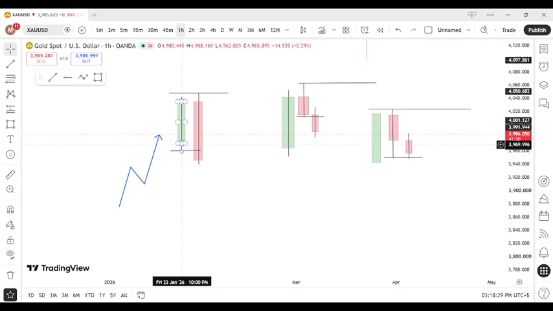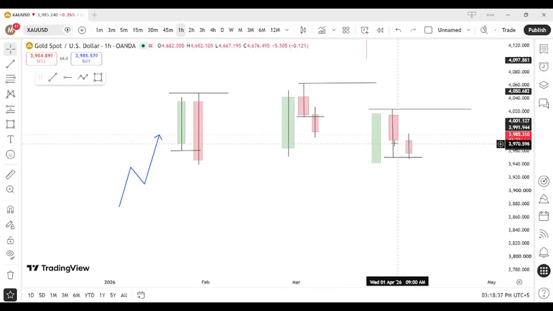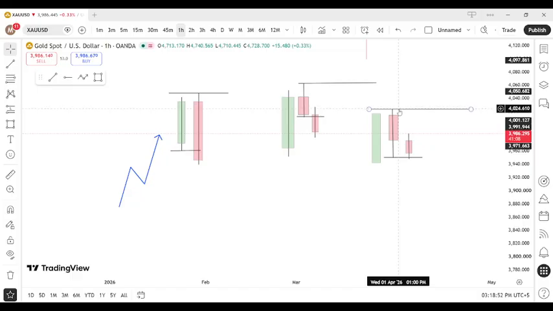So the low of the green candle is important, or the low of the red candle is important. If the low is broken, not the closing; the closing is not important, the low is important. If the low is broken, so the low is not being broken here, so this is not the structure high. This is a structure high, this is a structure high, this is not a structure high.